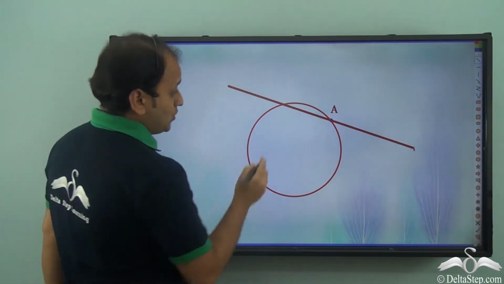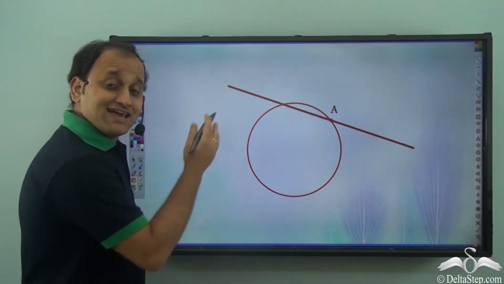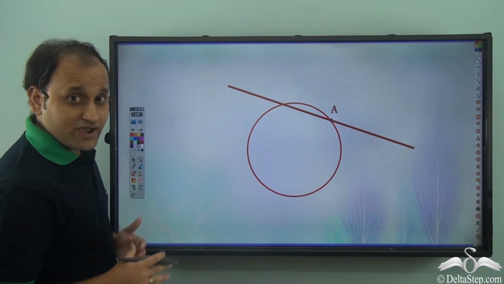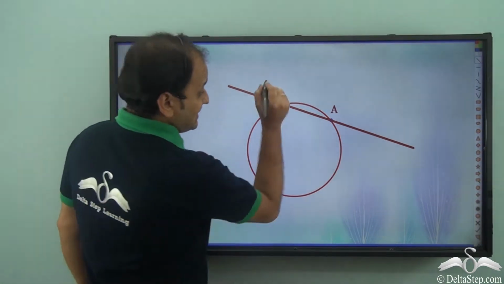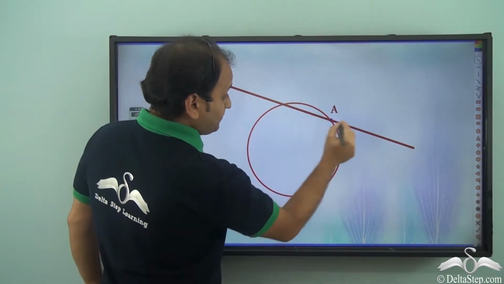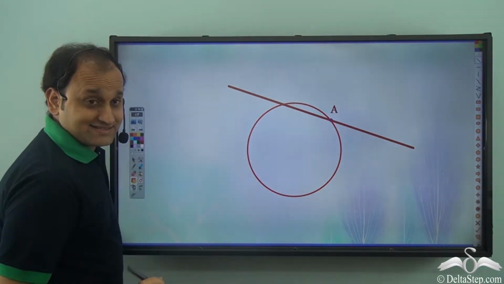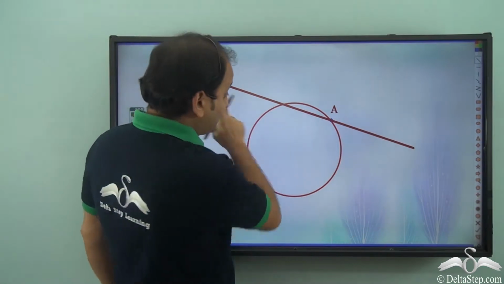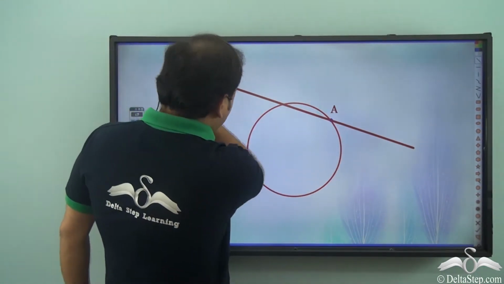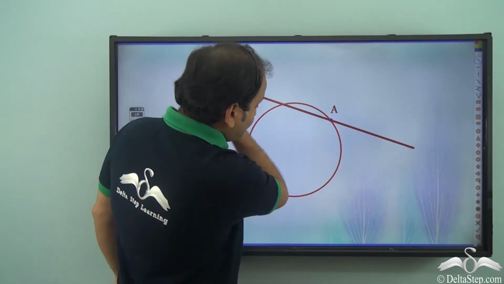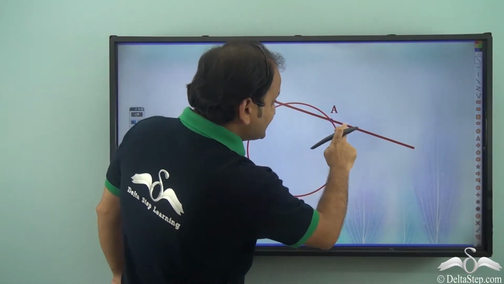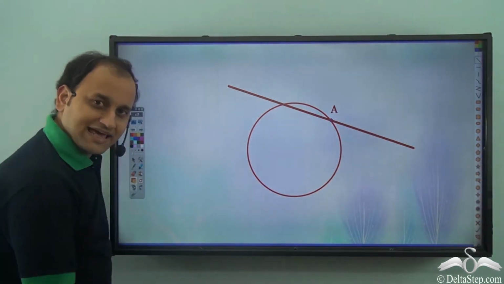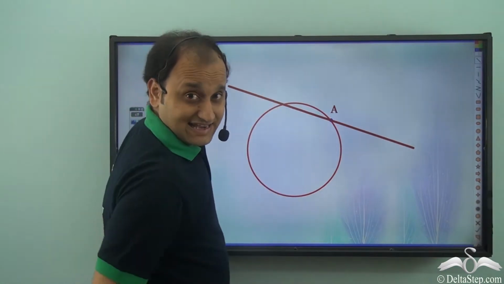Now, what do I have here? This line is a secant. Why do I call it a secant? Because it touches the circle at 2 points, and it is a line, not a line segment. It crosses the circle, that is, it starts from outside the circle, touches the circle at 2 points, and then moves out, and that's why this is a secant.